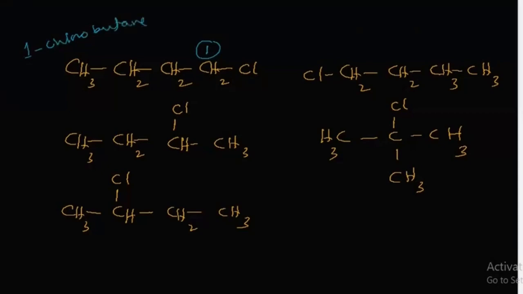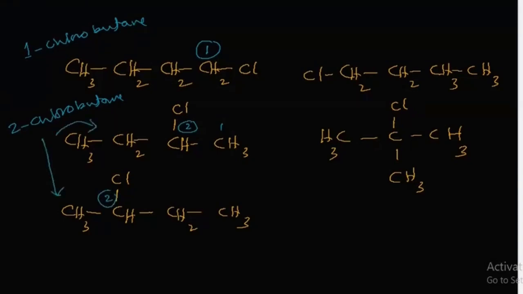Just think about the second. 1, 2. Okay, now chlorine is on the second carbon, so this is 2-chlorobutane. Okay, now just think about the third one. If I start numbering from this side, 1, 2, 3, or from this side, 1, 2, again, this is 2-chlorobutane.